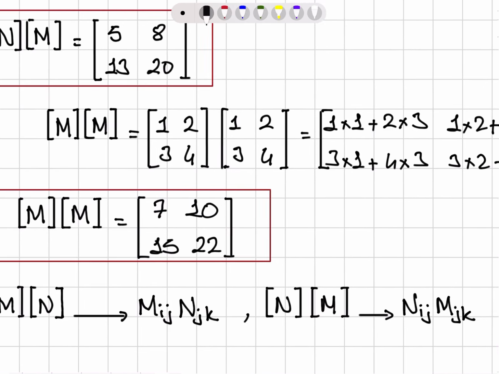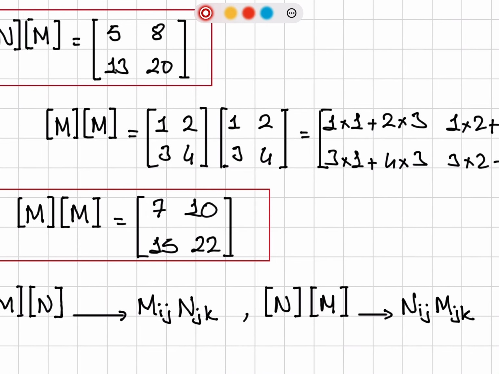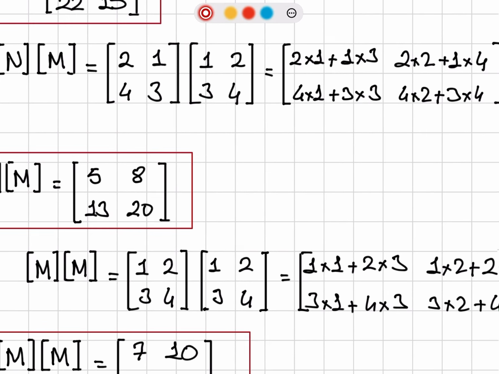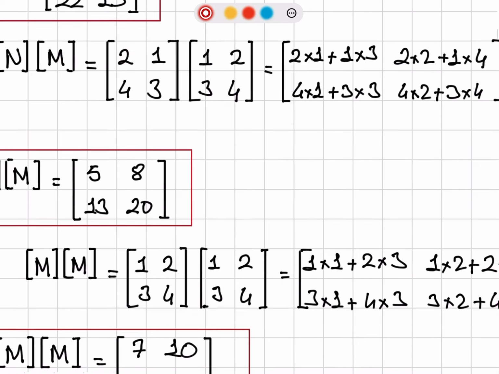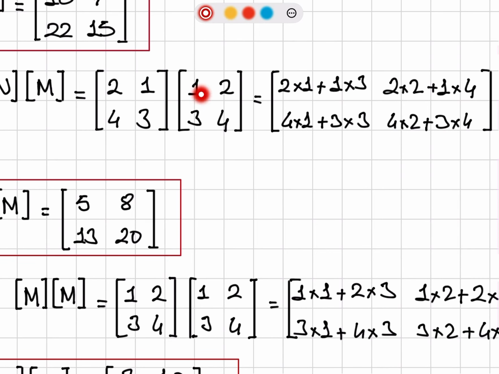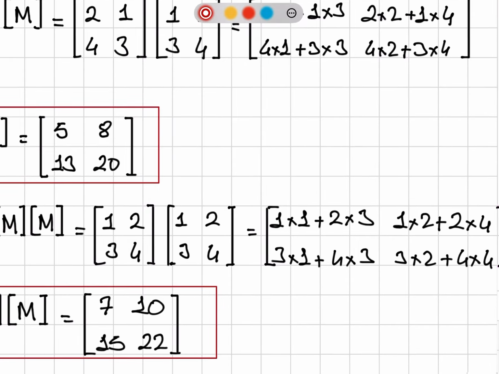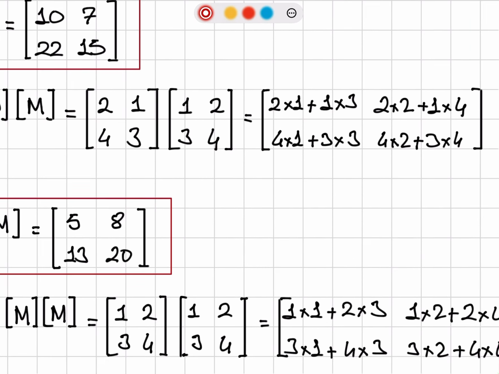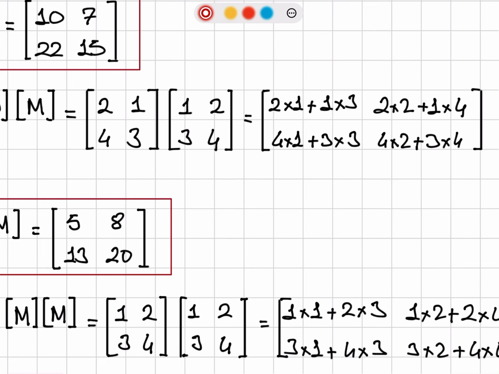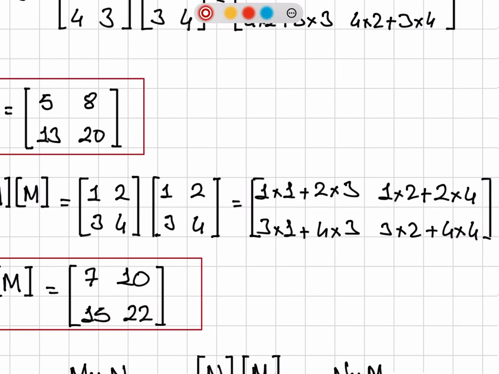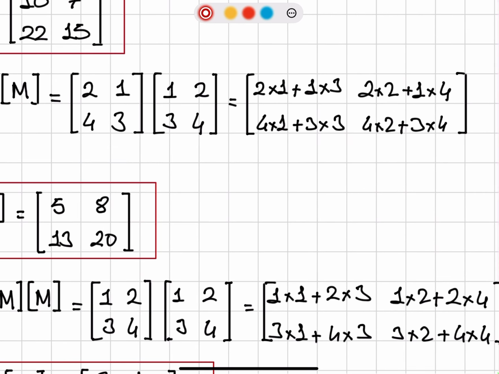So let's just check this here. To calculate N times M, for example, if i is equal to 1, j is equal to 1, multiplied with j is equal to 1, k is equal to 1, then I have i is equal to 1, j is equal to 2, multiplied with j is equal to 2, k is equal to 1.